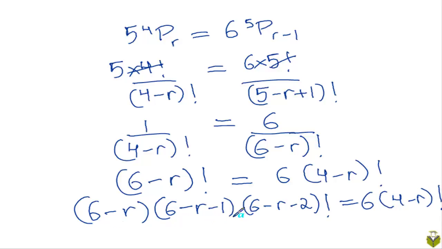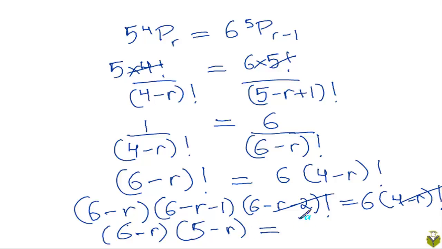So here, what is 6 minus 2? It is 4 minus r, so (4 minus r) factorial will cancel with this thing. So we have (6 minus r) into (5 minus r) is equal to 6, right?